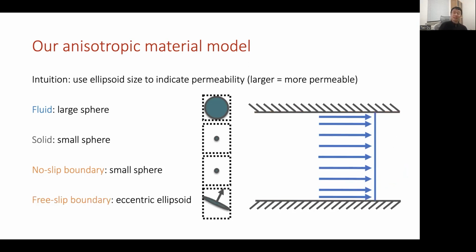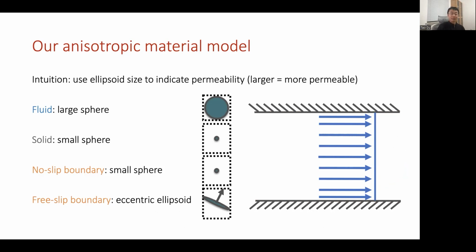What makes everything trickier is that if we take into account another type of boundary condition known as the free slip boundary condition, then we realize that there has to be some anisotropicity. Free slip boundary basically means that along the solid fluid interface, there's no friction at all that damps the velocity along the tangent direction.